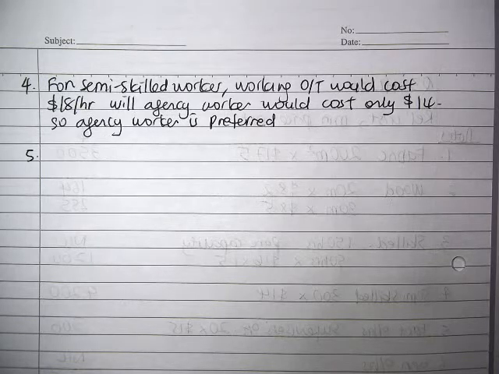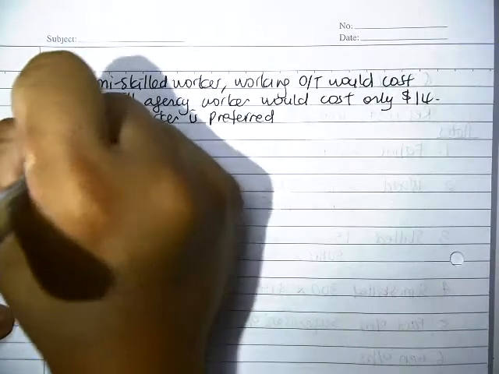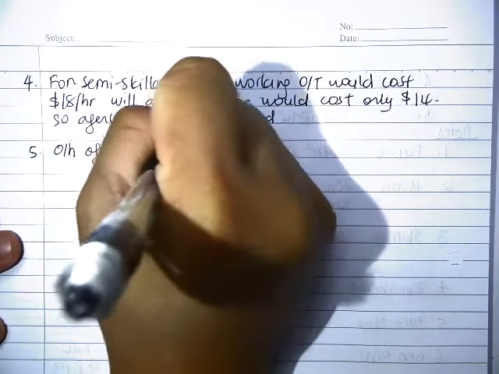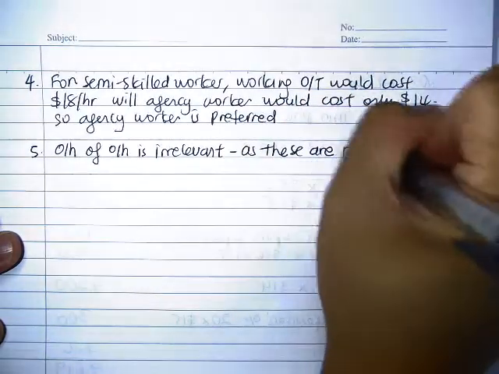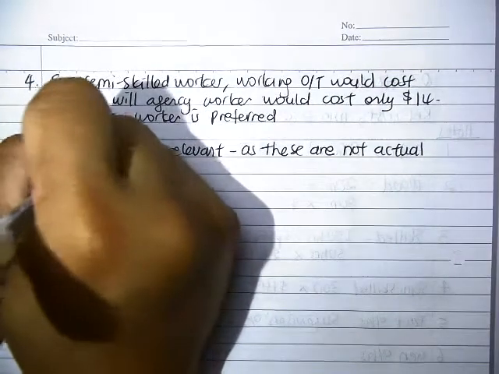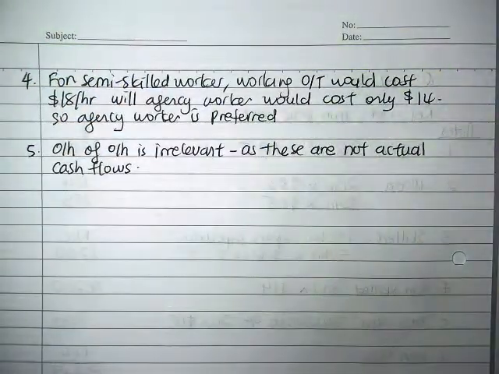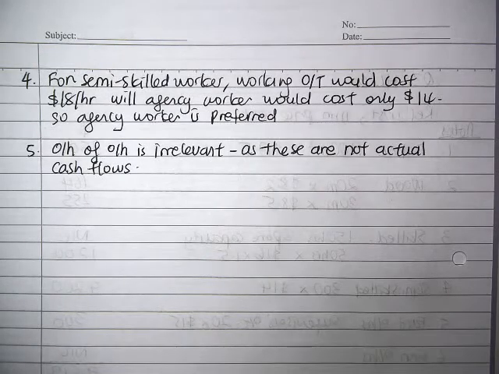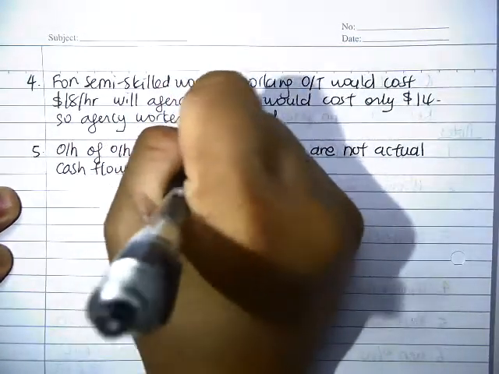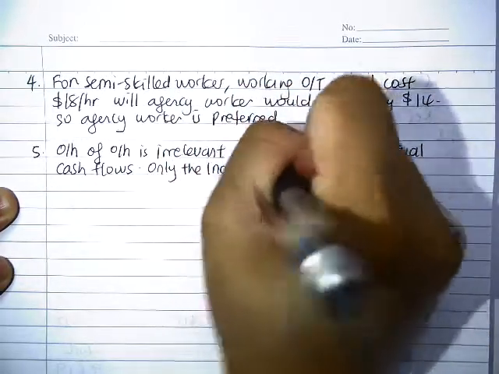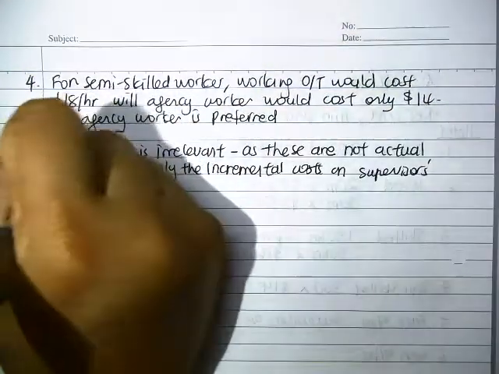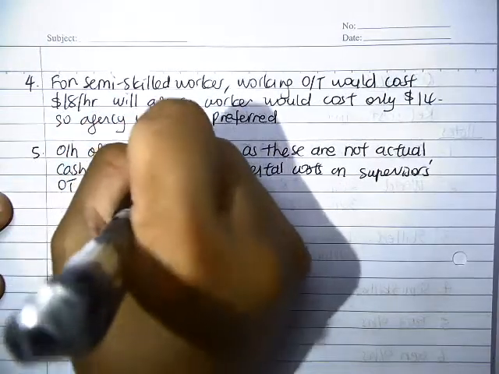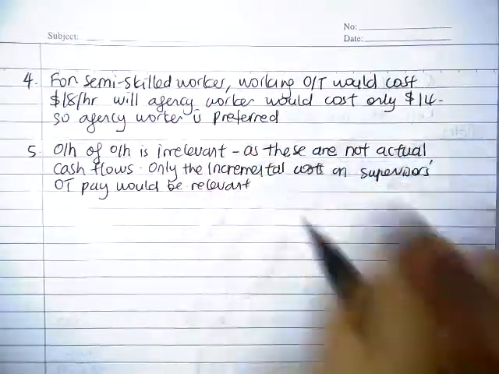Okay. Now the next one is the absorption. The absorption of overhead is irrelevant as these are not actual cash flow. So only the incremental cost on the supervisor's overtime pay would be relevant.